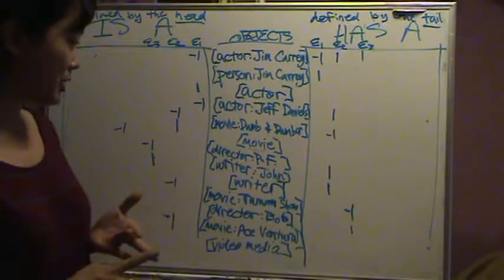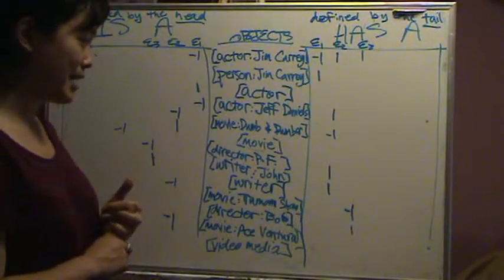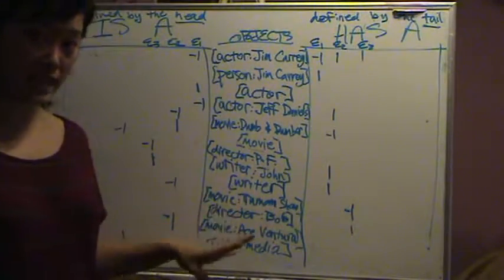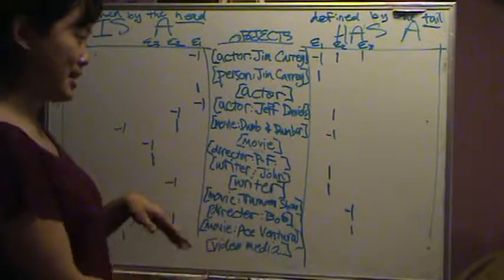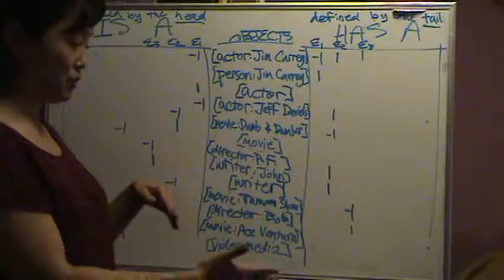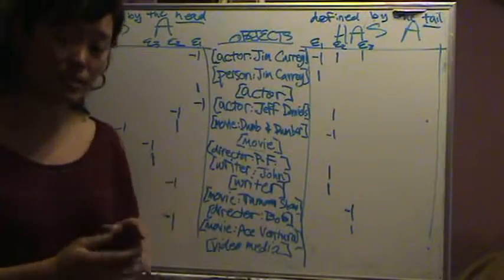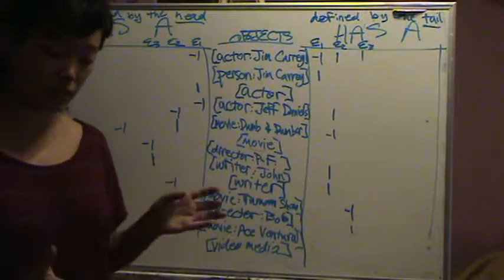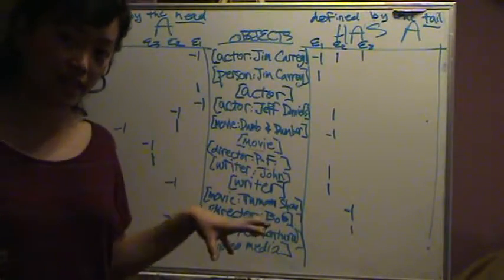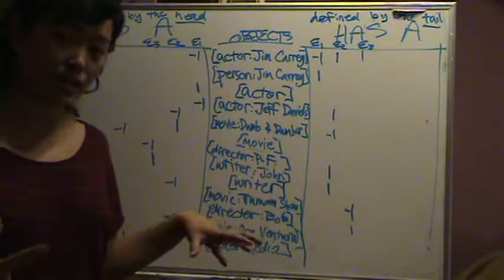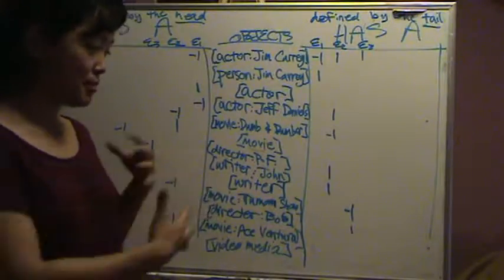I think it's especially cool that you can have non-structured data in these very simple statements. Movie Dumb and Dumber is a movie, and just having a series of those statements in a very unstructured way, knowledge can then emerge from that. It can emerge from the connections between all that.